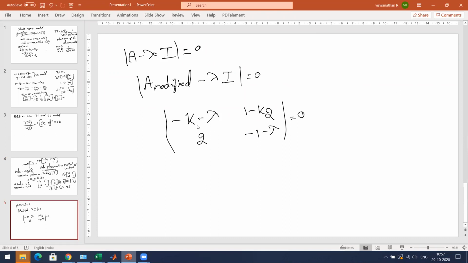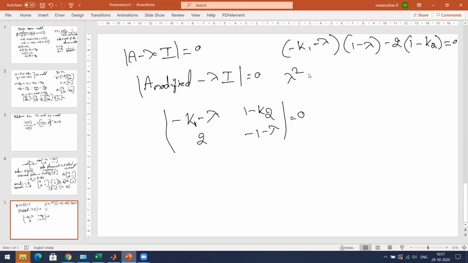Sorry, there must be K1 here. So this is minus K1 minus lambda multiplied by 1 minus lambda, minus 2 into 1 minus K2, equal to 0. If you multiply this, I'll just write the equation.